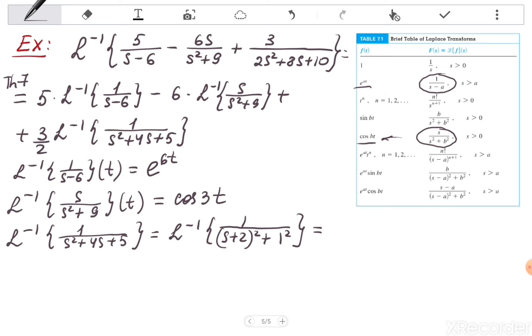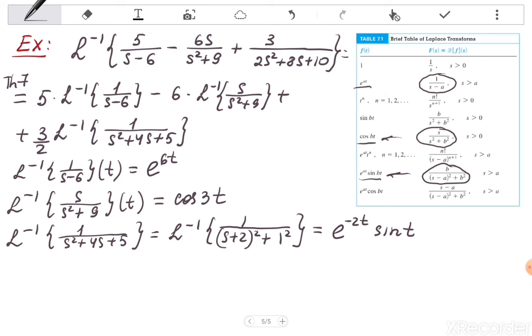And this is similar to the Laplace transform of e to the power at sine bt. A in our case: here we have minus a and here plus 2, so a is minus 2, and b is just 1 in our case, so this is e to the minus 2t sine t.